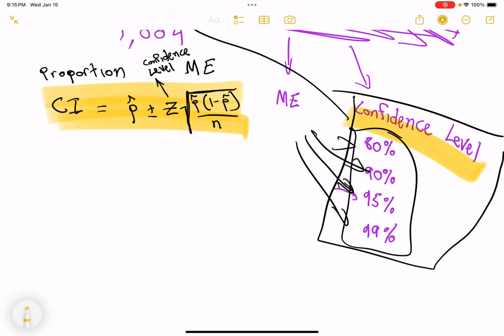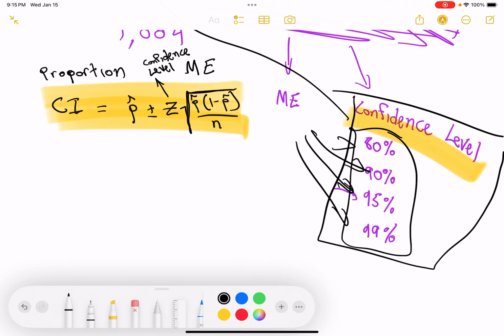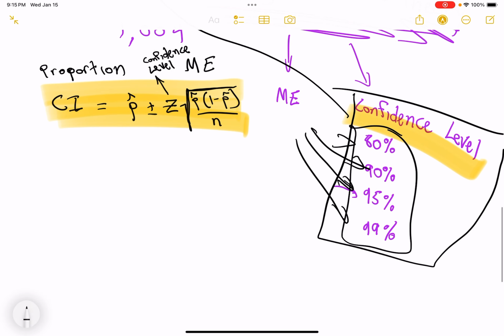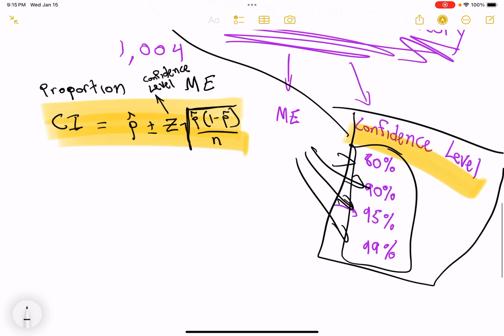But you might notice that once we've got this z-score, which by the way, I should say it's determined, I don't want to say that this z value here is the confidence level. It's determined by the confidence level. This z value is actually called the critical value. Critical meaning it's incredibly important.